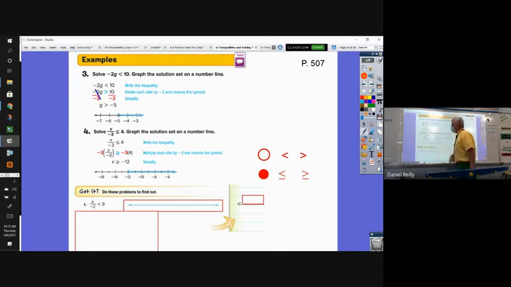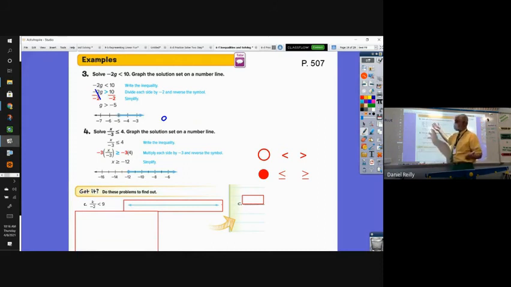And you can see 0 is over here, 0 is greater than negative 5. If I put 0 into this inequality, 0 is less than 10. That's true. If I didn't flip the direction, then I would be looking at values of g less than negative 5, and that would make this not true because I'd end up with a big positive number here.